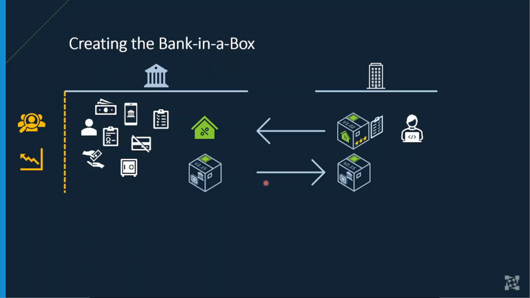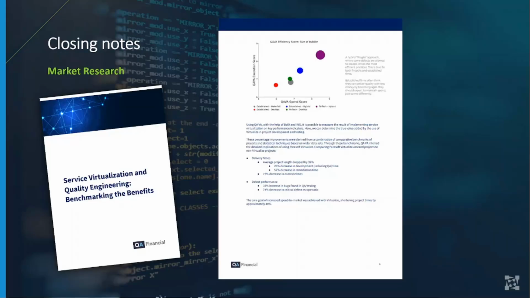So we're not there quite yet, but like I said, it's better to fail with an ambitious goal than to fail with no goal at all, because you'll end up further. We asked QA Financials to conduct research on how valuable this actually is. We're curious as well.